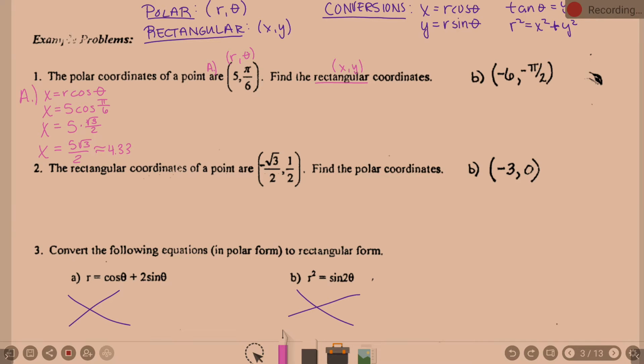What else do we need to find? Y. So I'm going to use the formula y equals r sine theta. Fill in your information. Y equals 5 times sine of pi over 6. What is sine of pi over 6? There's the 1/2.